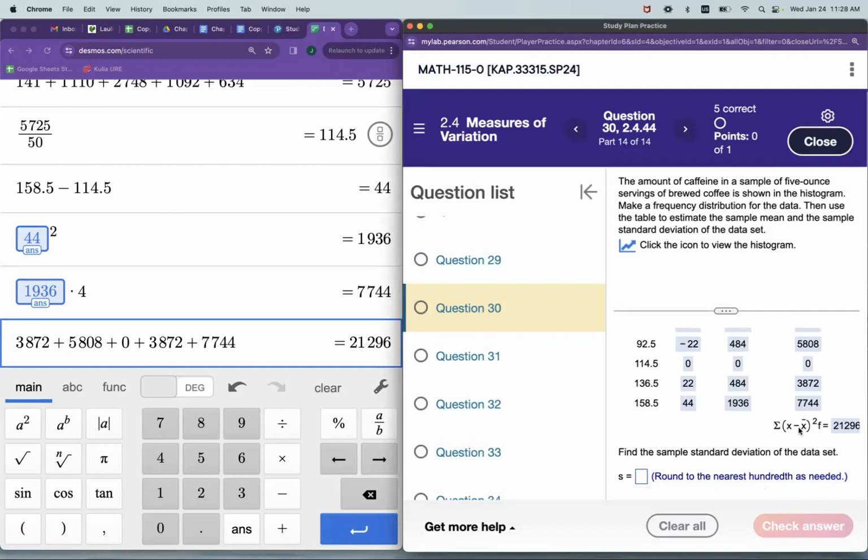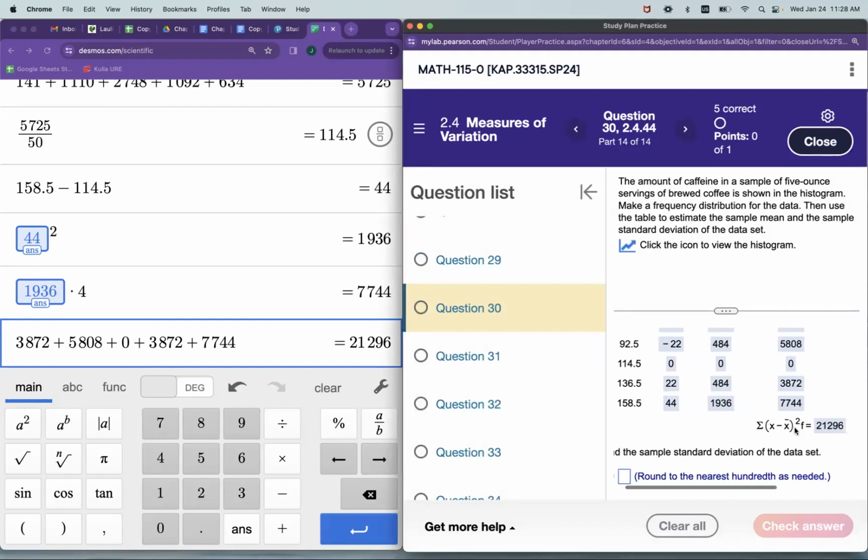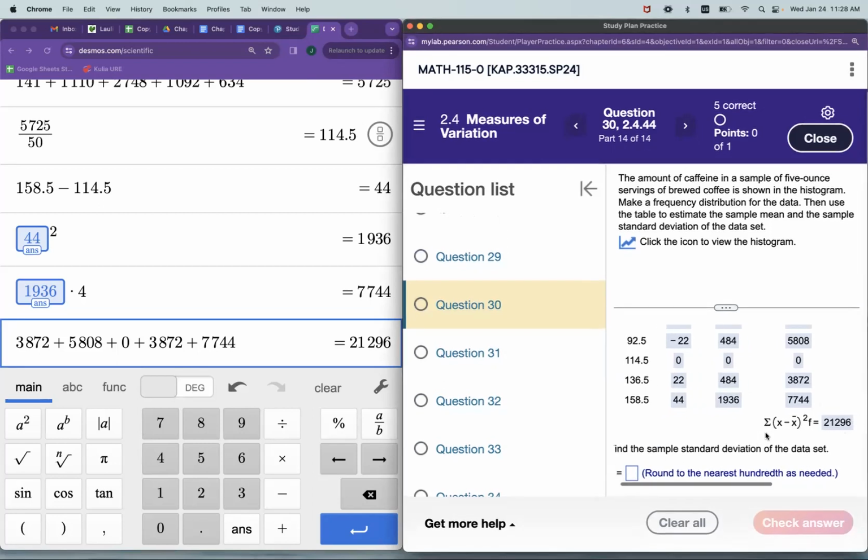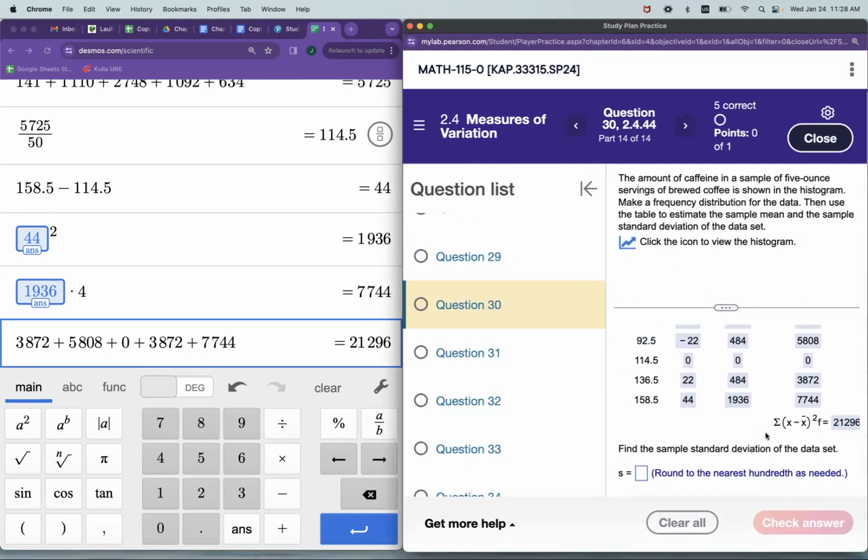Okay, remember, the formula for standard deviation is pretty much this. You sum all the differences from the mean squared times the frequencies. And in the end, you divide by the sample size minus 1. Oh, actually, no, I'm missing a couple steps.